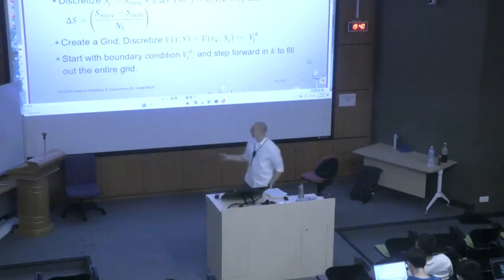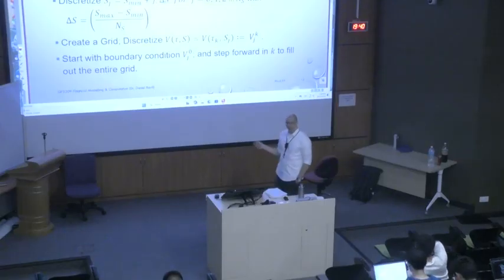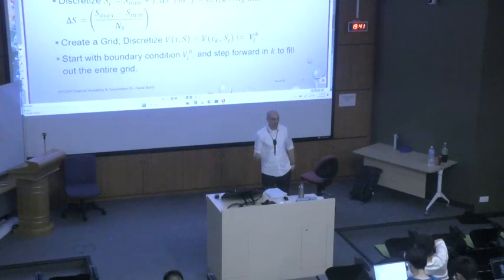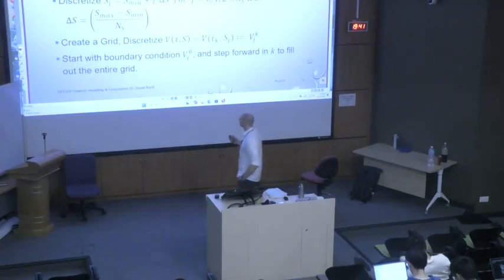As I said, I will always consider this reparameterization in time, where maturity or terminal conditions become initial conditions. NT is the number of spacings in time, how fine my grid is. NS is the spacings in space, in this S coordinate.